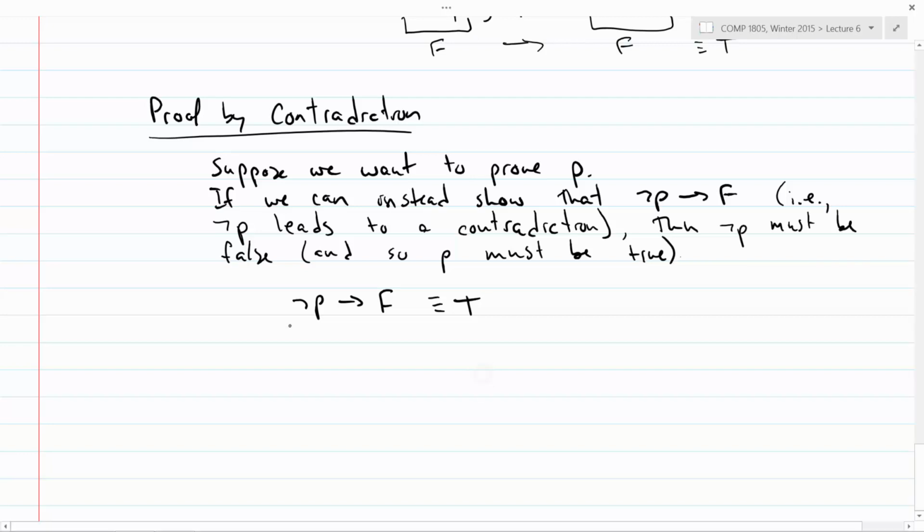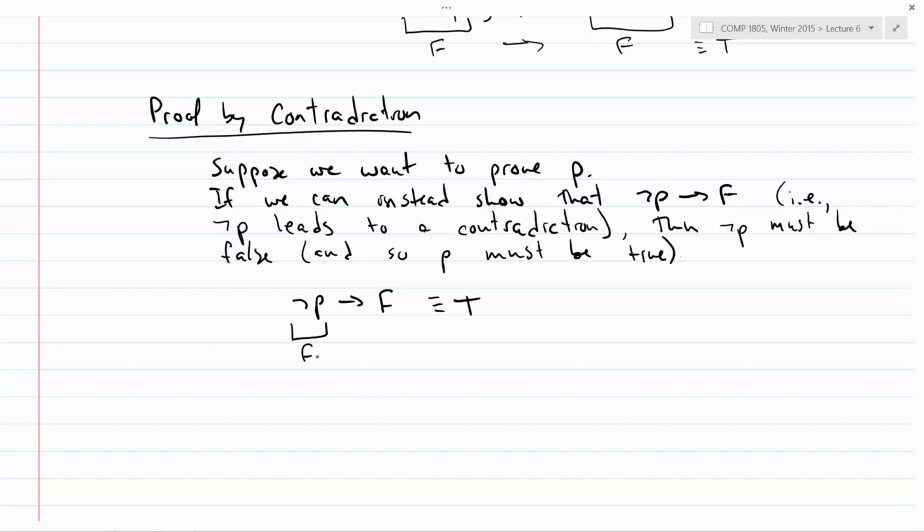Right, the only way I can do that is if not P is false. Because if it were true, then I wouldn't have been able to prove that it's true. I would have come out as false because true implies false is false. But I got the answer true. So not P has to be false, which means that P has to be true, because those are the only two alternatives. It's either true or false. So that's what a proof by contradiction is.